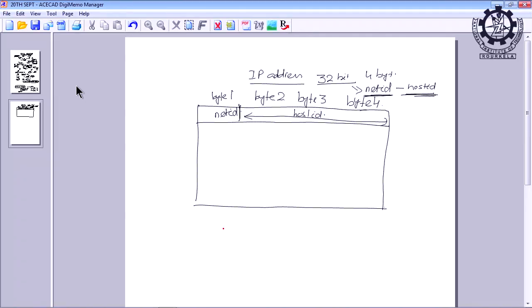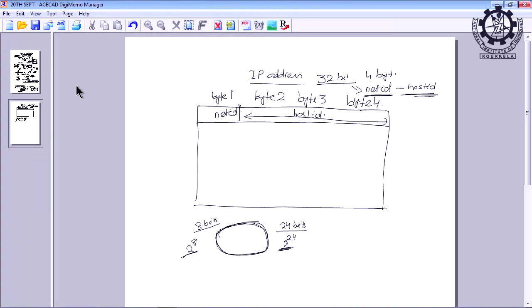That means I have 8 bits to identify a network. With these 8 bits, how many networks can be identified? 2 to the power 8. Within that net ID I use 24 bits as the host ID, so it could be one host among 2 to the power 24 hosts. You have such a big network now: 2 to the power 8 networks, and within each network 2 to the power 24 hosts.